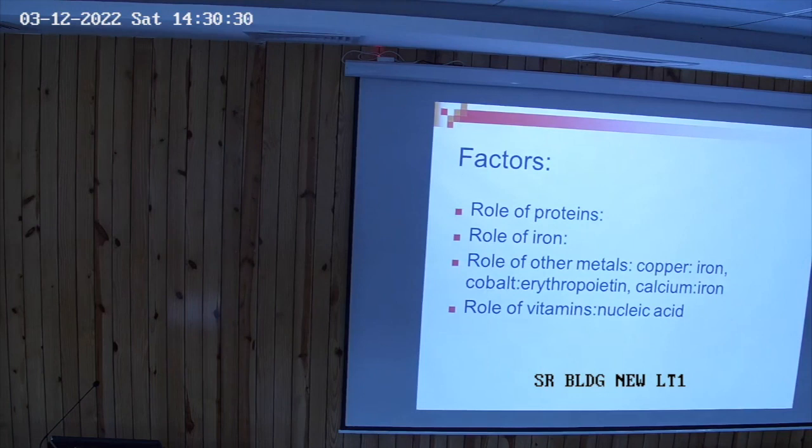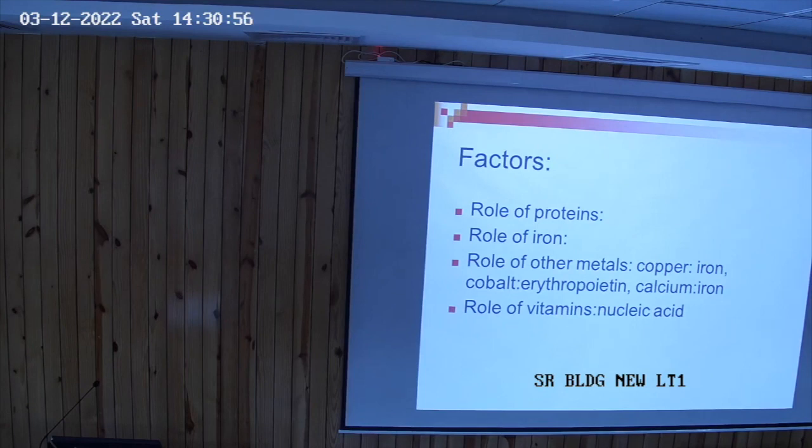Now, what are the factors which affect the synthesis or formation of hemoglobin? The role of proteins, the role of iron, the role of other metals like copper, cobalt, calcium, etc., and the role of vitamin C, vitamin B6, folic acid, responsible for the formation of the nucleus and for erythropoiesis to take place, or for the further formation of RBC.